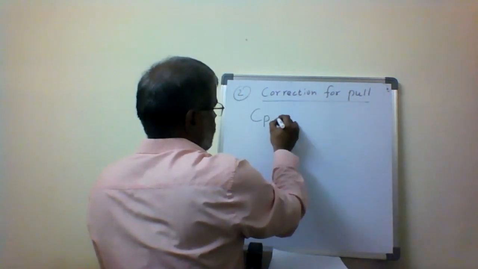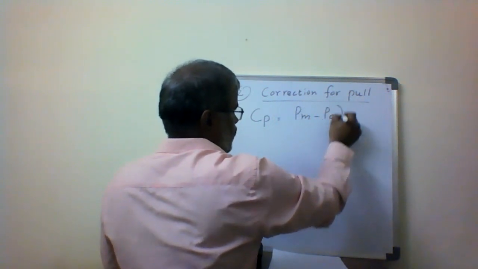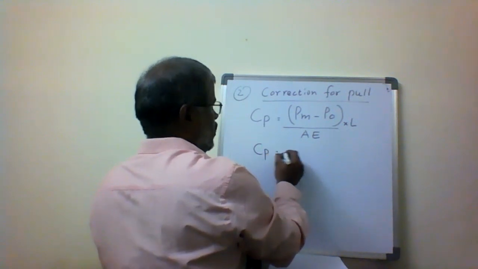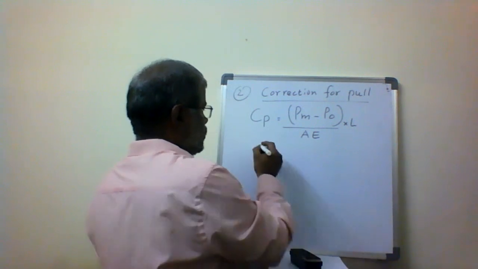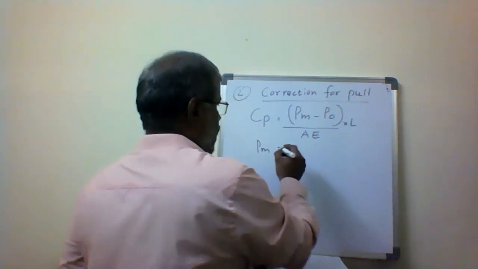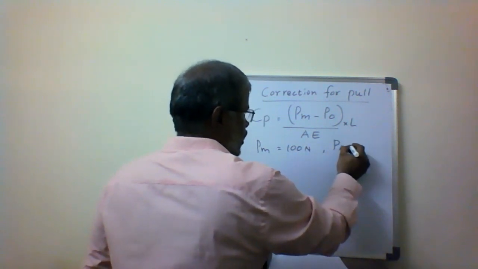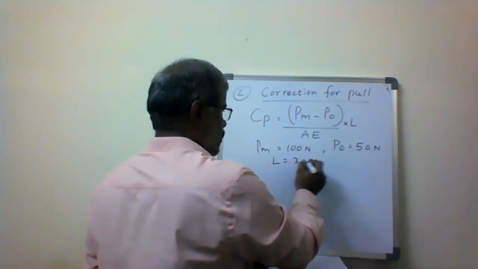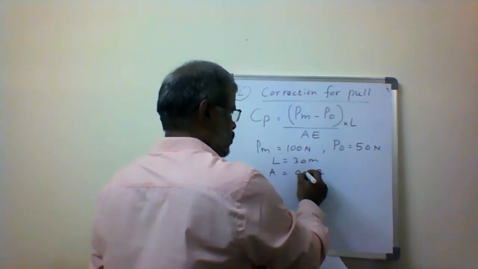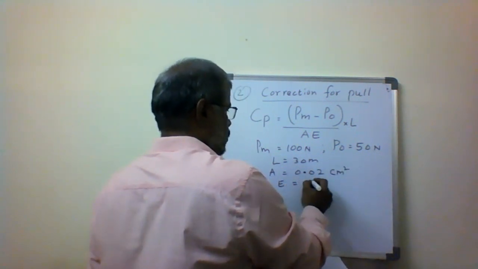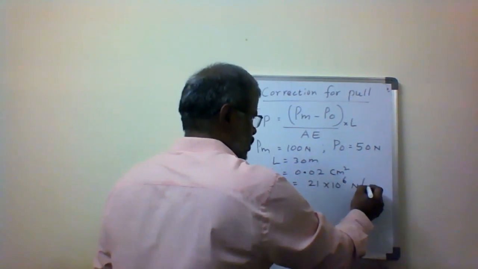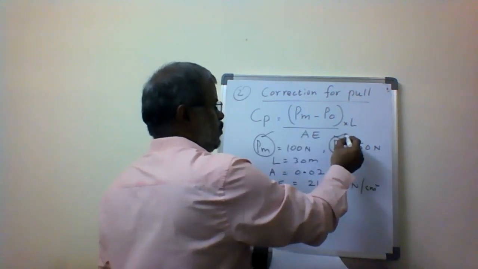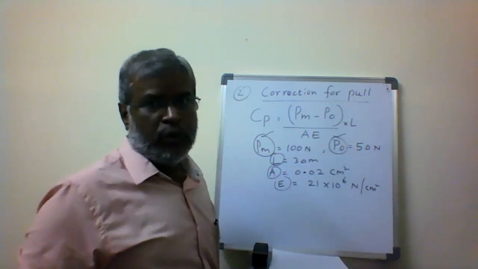That is Cp equals (Pm minus P0) by AE into L. Here Pm, the measured pull, is given as 100 newtons, the standard pull is 15 newtons, L equals 30 meters, area equals 0.02 centimeter square, and E is 21 into 10 power 6 Newton per centimeter square. Everything is given, so we substitute.